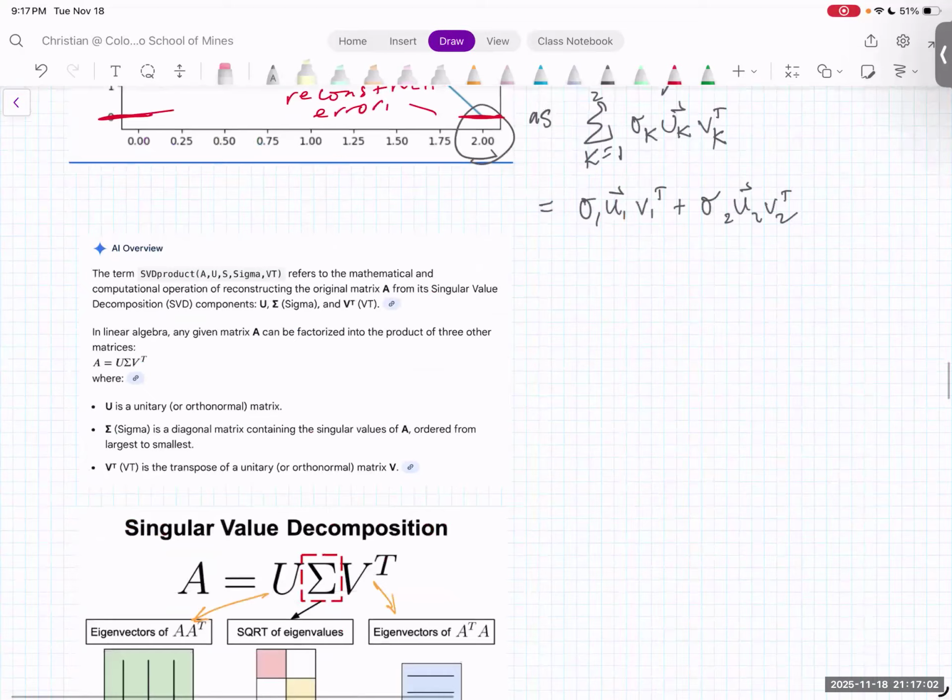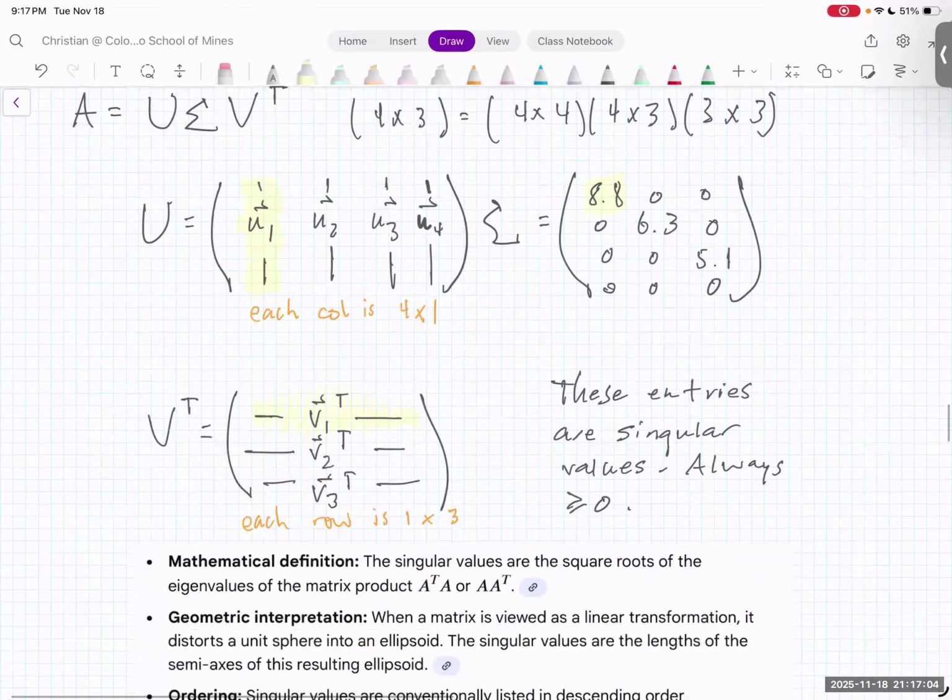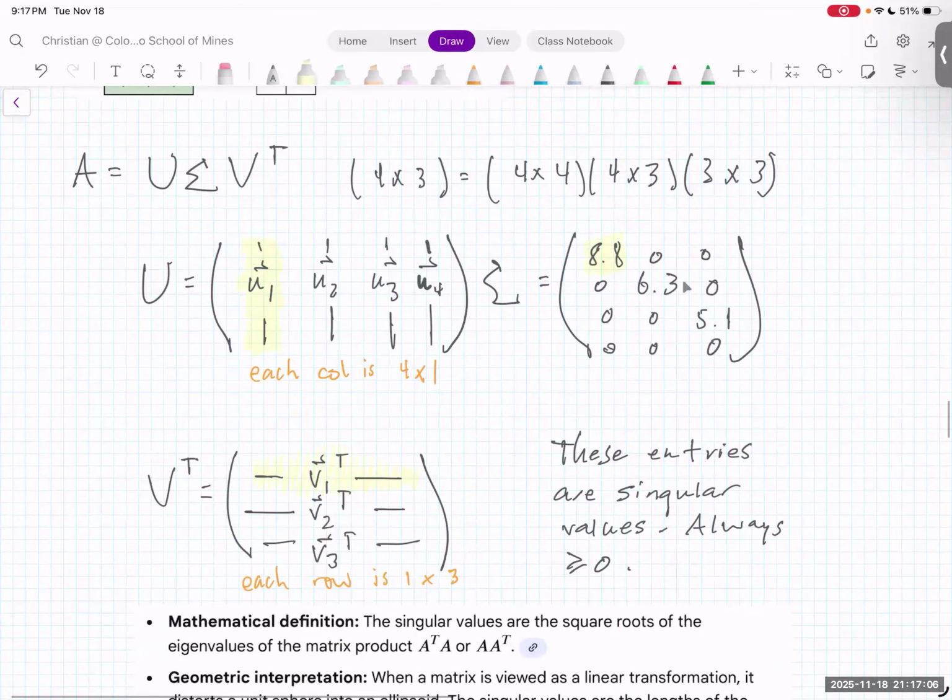So there they are again, 8.8, 6.3, 5.1. If we wanted to find a rank 2 best estimate for matrix A, it would use column U1 and 8.8 and row V1 transpose, and then add on to it 6.3, column U2, and then row V2 transpose.